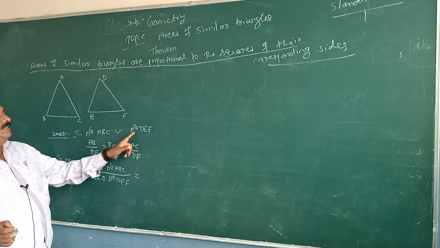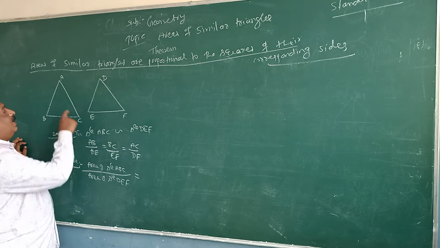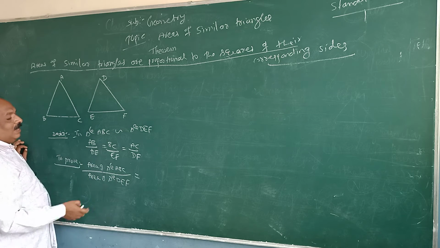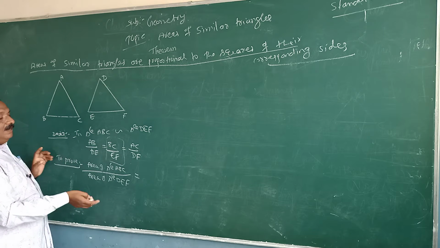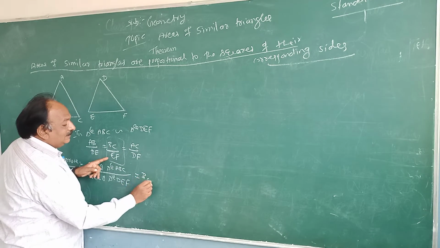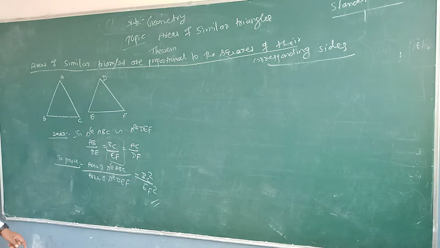Triangle ABC is similar to triangle DEF. Area of triangle ABC divided by area of triangle DEF is equal to the squares of their corresponding sides. We may take any one side square. I take this one, BC square divided by EF square.